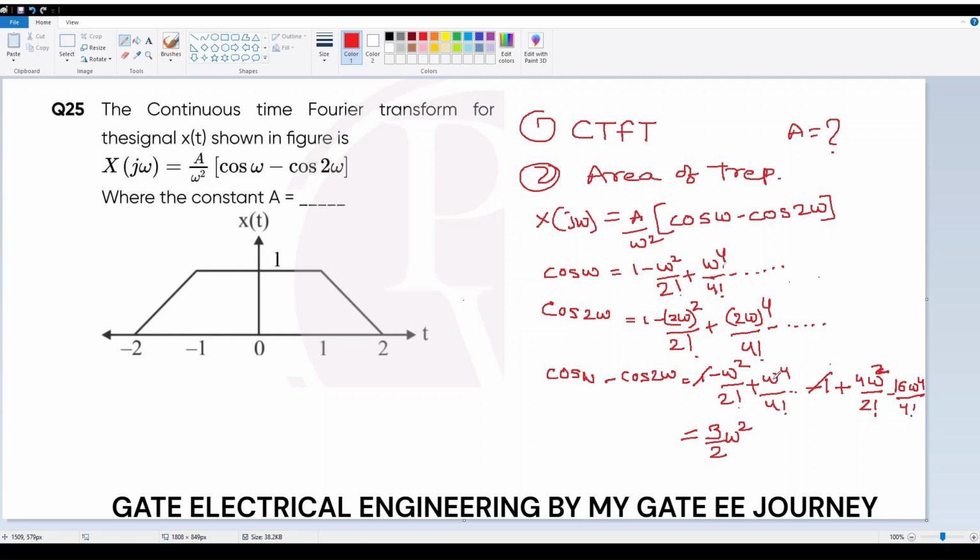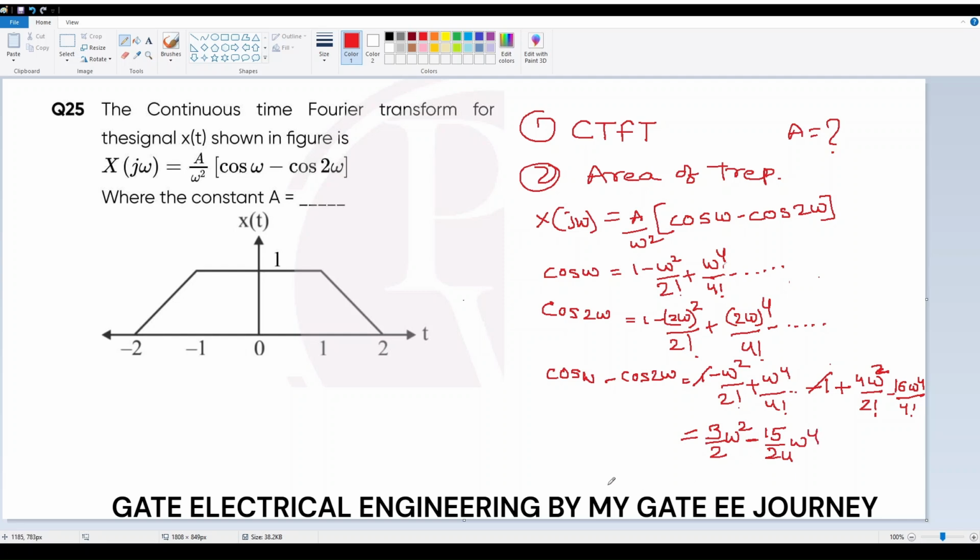Next, omega to the power of 4 by 4 factorial minus 16 omega to the power of 4 by 4 factorial is nothing but minus 15 by 4 factorial omega to the power of 4. 4 factorial means 4 into 3 into 2, nothing but 24.